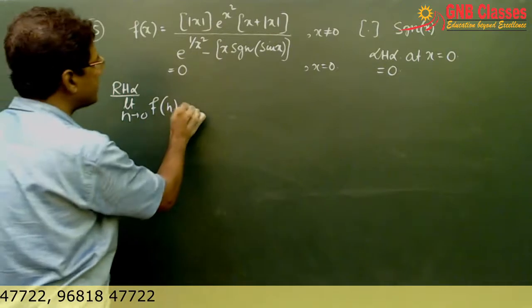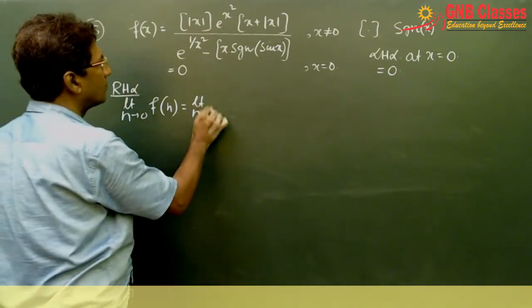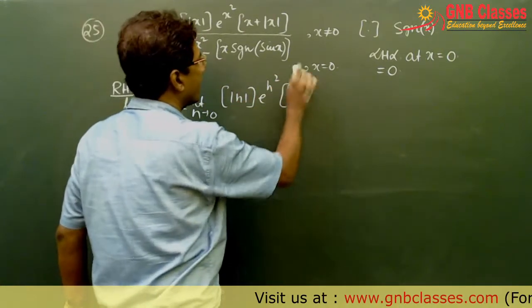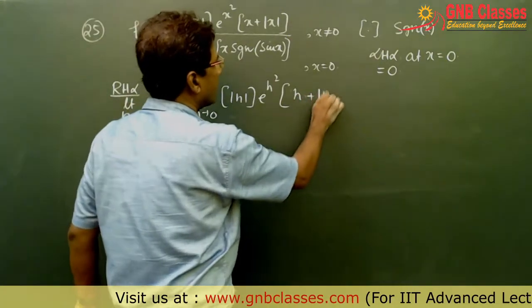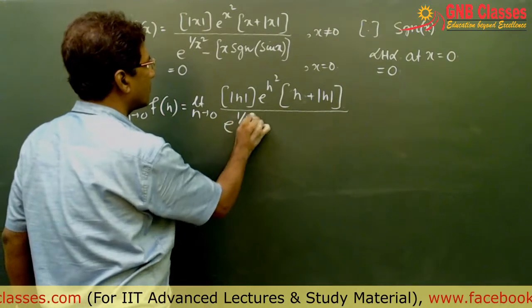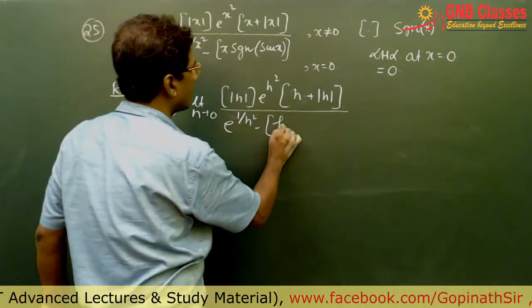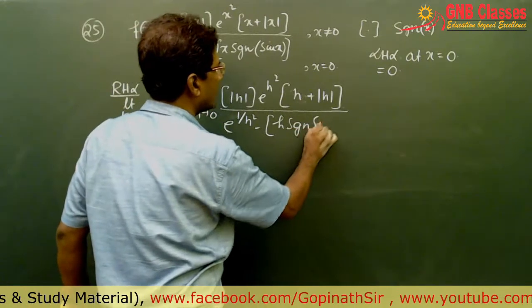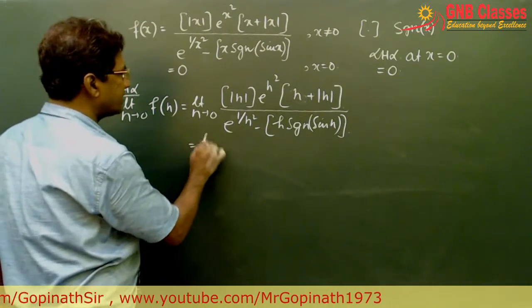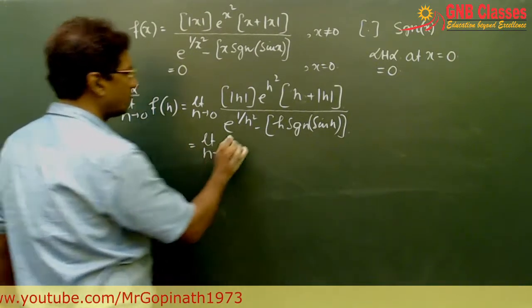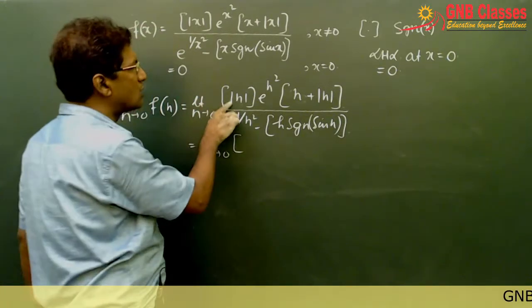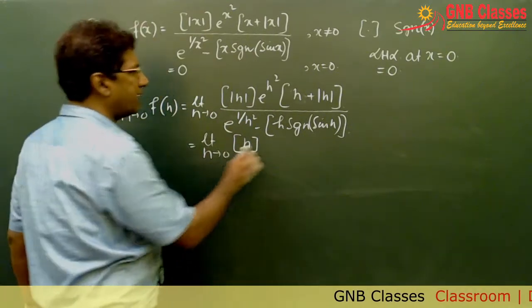f of 0 plus h, which is nothing but f of h. So in this case, since I told you that h is a very small positive number, mod of h can be simply written as h over here.